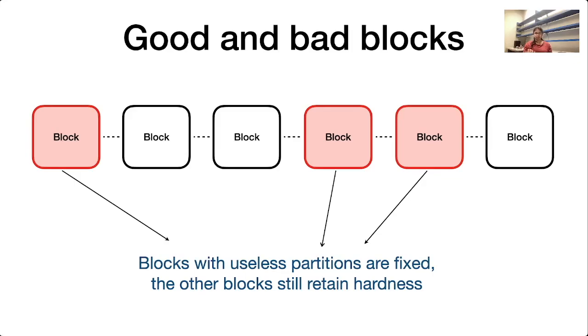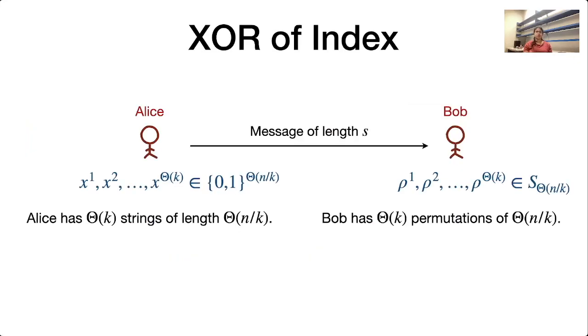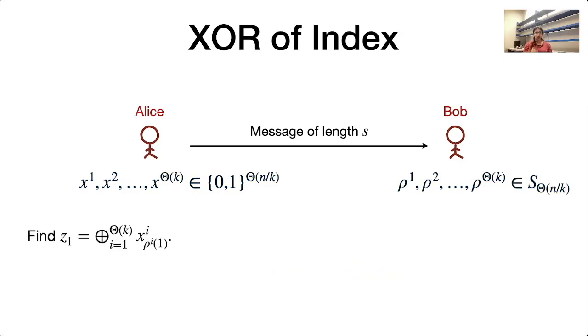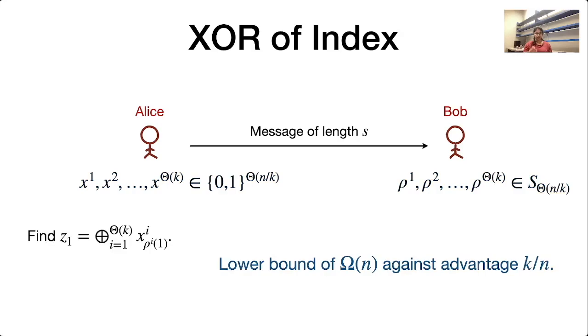The effect of this is going to be that Alice is going to have some strings of length theta of n over k, and Bob is going to have some permutations from S theta of n over k, and they want to find the first bit of this string z, which we defined earlier. So what we want is to prove a lower bound of omega of n for this problem against an advantage of k over n.